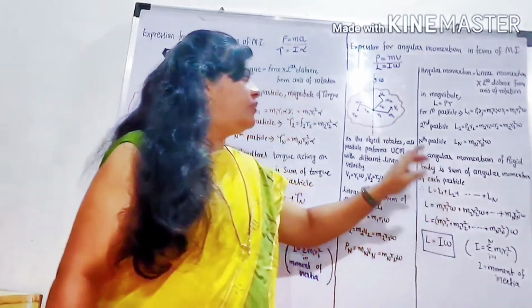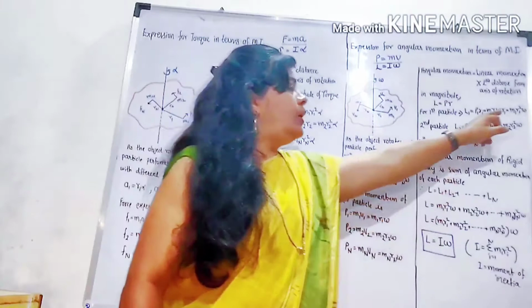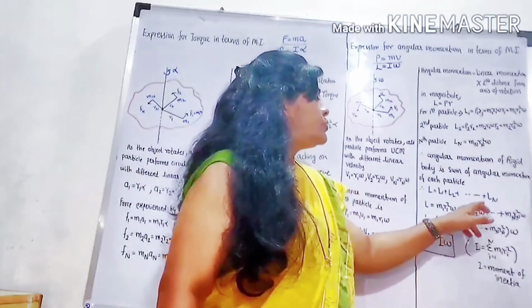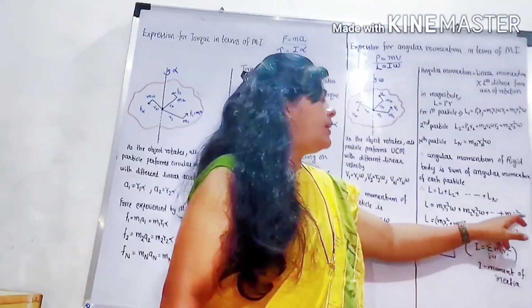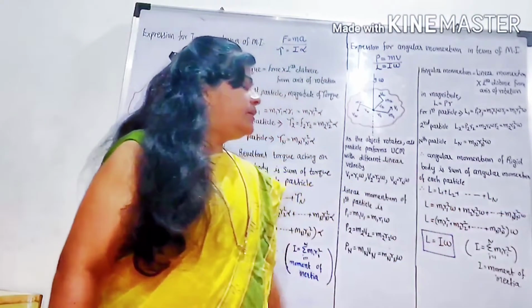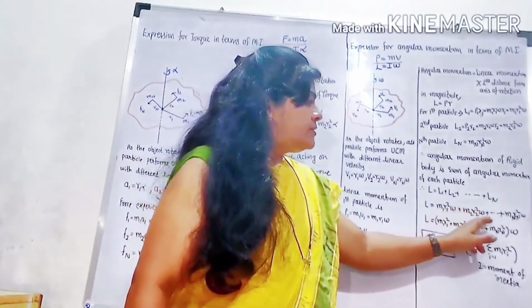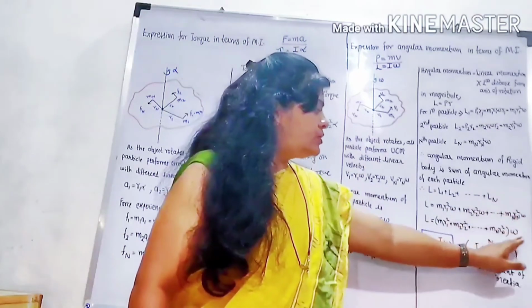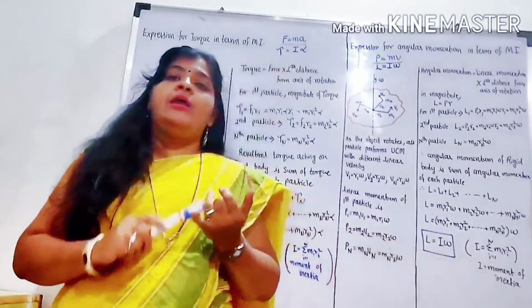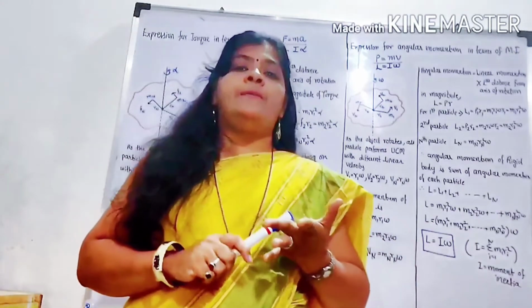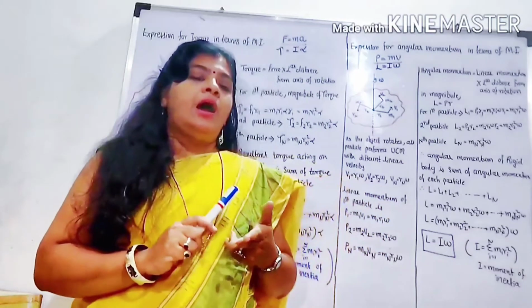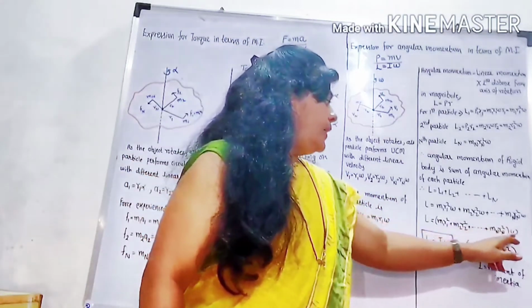Substituting, L is equal to m1 r1 square omega plus m2 r2 square omega plus mn rn square omega. Omega is constant, so taking it outside the bracket: m1 r1 square plus m2 r2 square plus mn rn square, into omega.